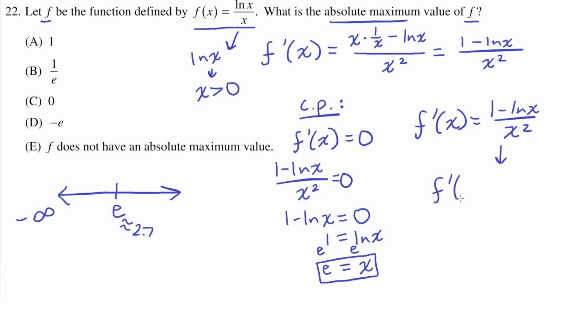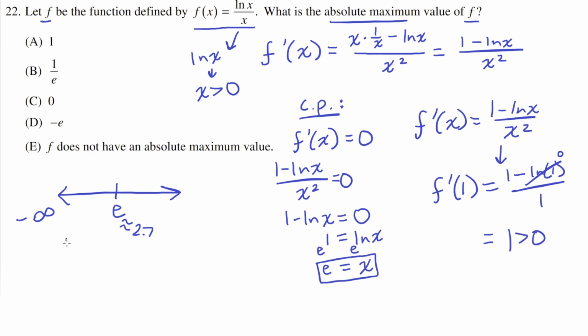into f prime of x, so f prime of 1, we get 1 minus ln of 1, over 1 squared. The ln of 1 is just equal to 0, and then we divide by 1 squared, which is just 1. This just gives us a value of 1, which is greater than 0.